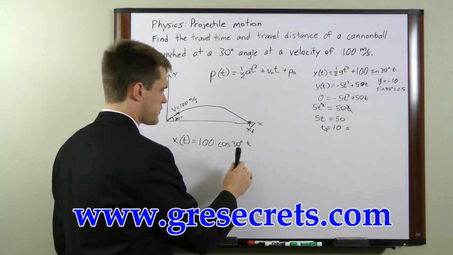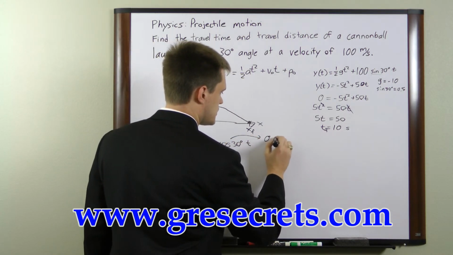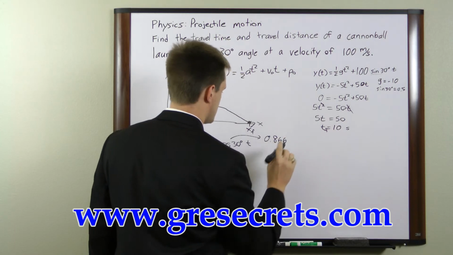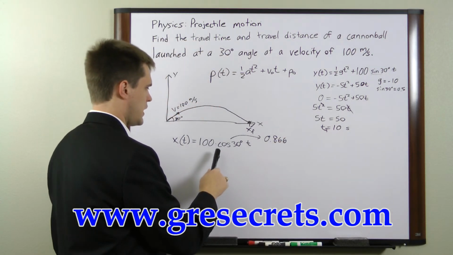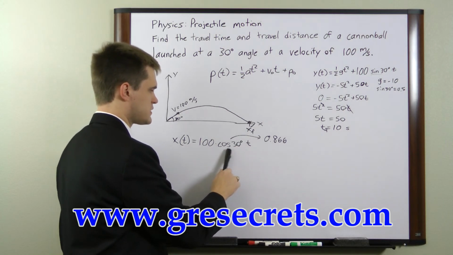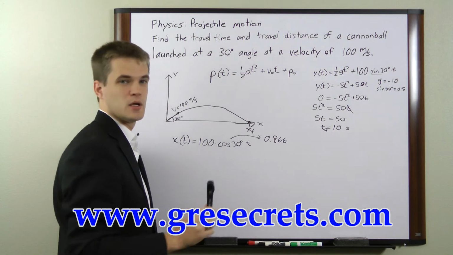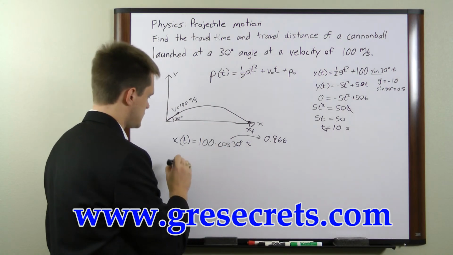Now, cosine of 30 is approximately equal to 0.866. So let's go ahead and substitute in 0.866 for cosine of 30 and 10 seconds for t, and that will give us the travel distance.